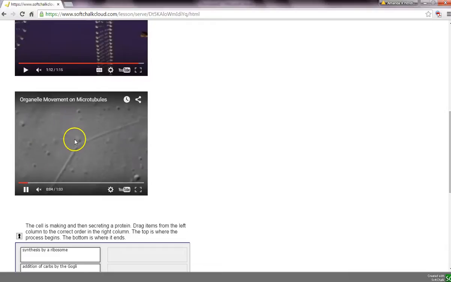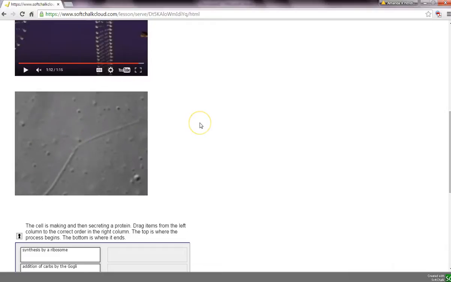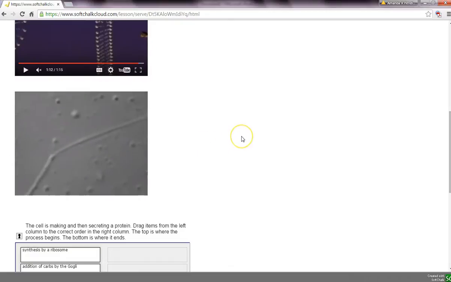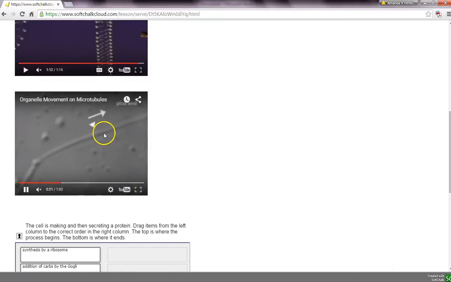Okay, so a vesicle or an organelle, and watch what happens. Okay, this is for real. See how that thing jumps on and they travel down. That is the highway system of the cell, and it helps things get from one location to another. Notice it's a two-way highway. It can go either way. But these highway systems are all throughout the cells. Vesicles jump on and get to their destinations.